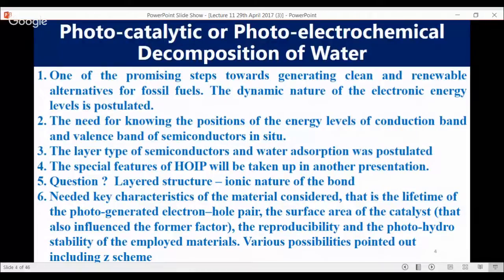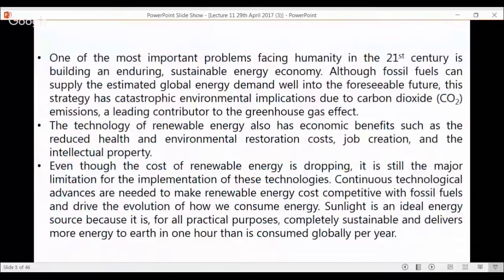If on the other hand any one of them is not stoichiometric, then there is a possibility that hydrogen is evolved from some other source, not from the decomposition of water. In that case, this photon efficiency or the photoelectrochemical efficiency will be different.